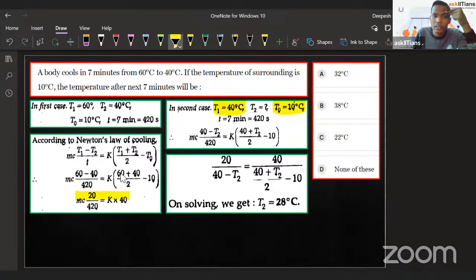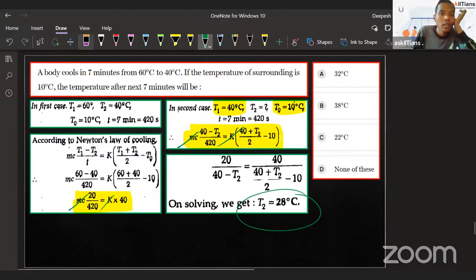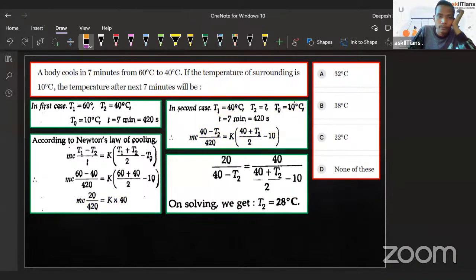You can take this equation, and you can simply take the ratio of them. And when you take the ratio, you will see that MC, MC, K and K will simply get cancelled out. And you can very easily calculate that in the next 7 minutes, the temperature of the body becomes 28 degrees Celsius. I want you to understand a few things over here.